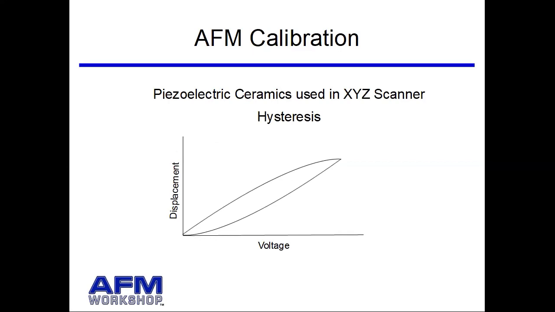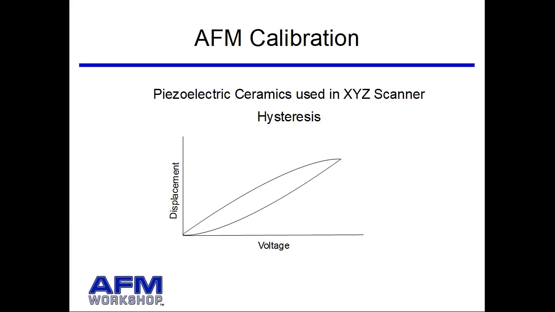Now, the next topic I'm going to talk about here is the calibration of the AFM. So if you want to use the AFM for getting really high accuracy and high precision measurements, you'll need to really understand how the AFM is calibrated. Now, most AFMs use piezoelectric ceramics to scan the sample or the tip in the XYZ axis.